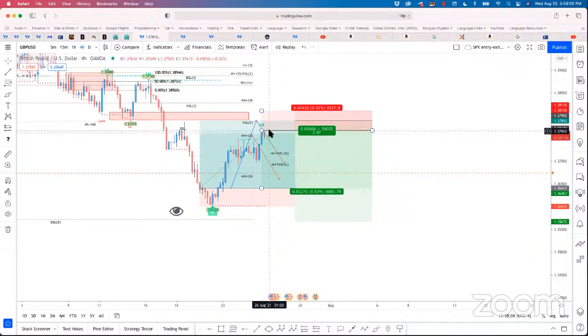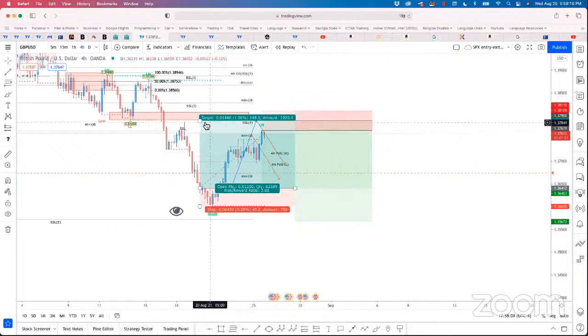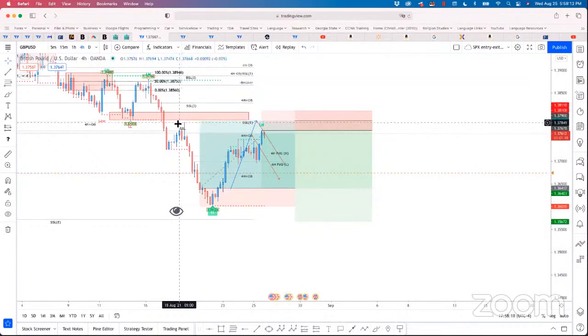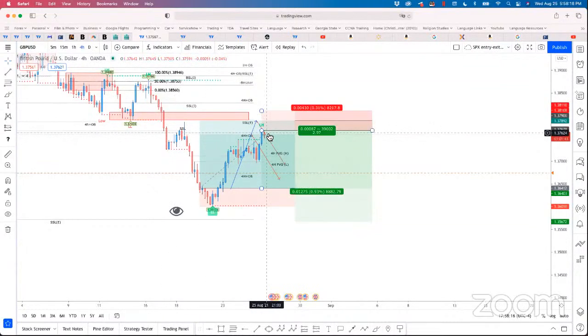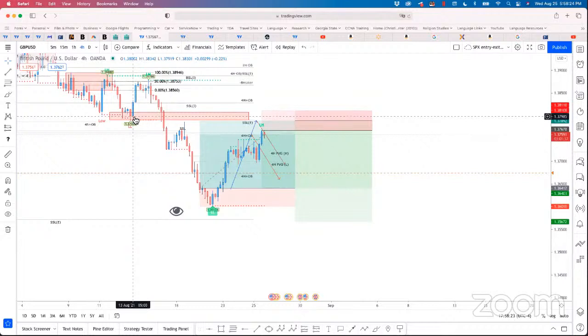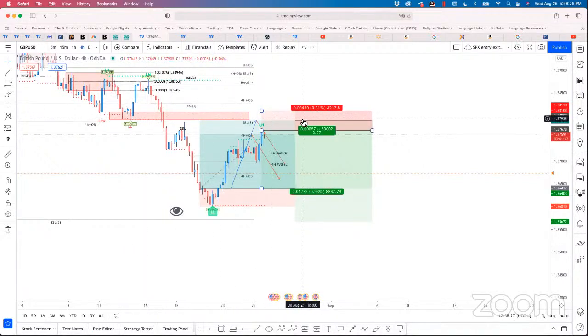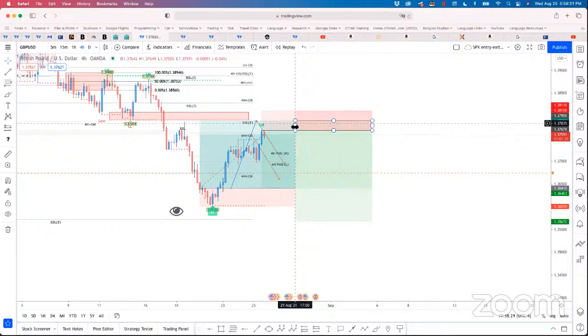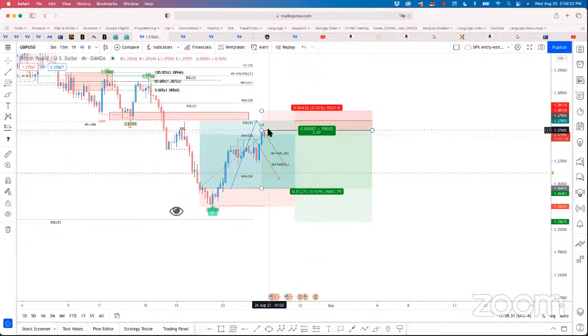Now, I'm okay with this as long as it doesn't close above this high right here, because this is the top of the order block, and I'm okay with it coming up here. I'm even okay with getting in another trade right at this little breaker, little zone right here. So I got another pending order right here, and I got pulled in on a pending order right here.